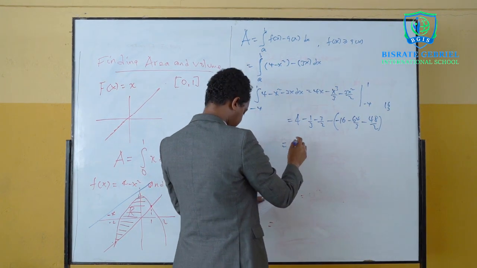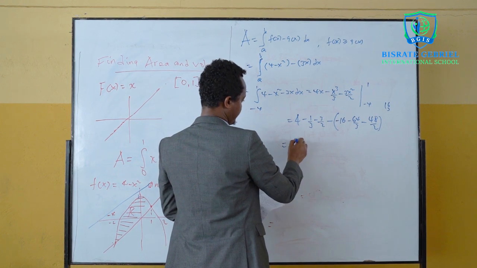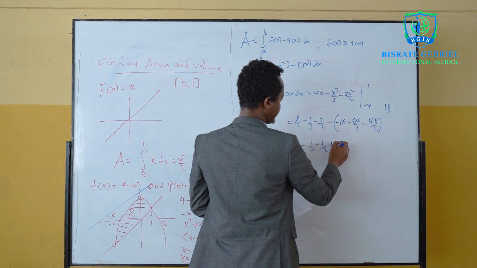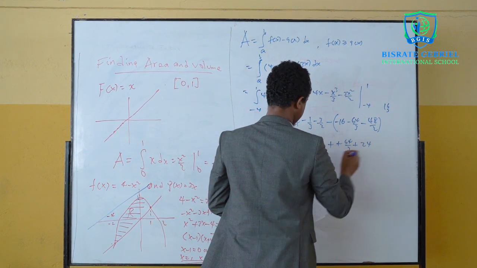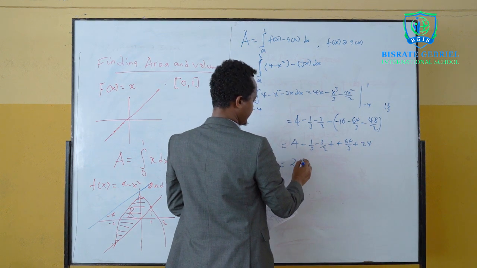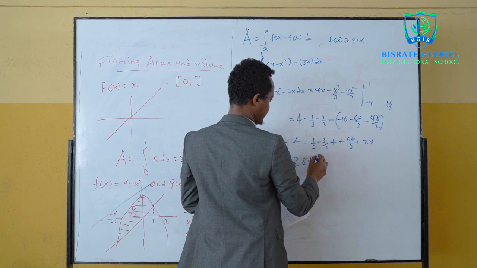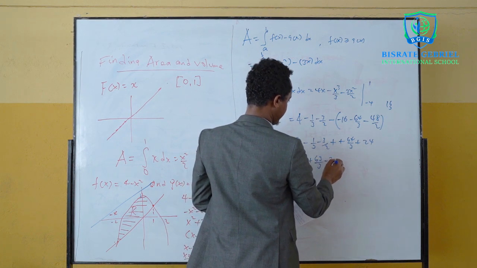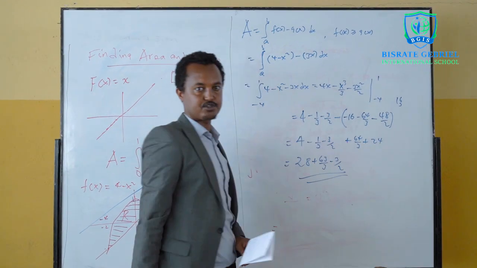When you simplify this, 4 minus 1 over 3 minus 0 over 2, it is plus 64 over 3 plus this 24. We have 28. So this is all about simplifying this expression.